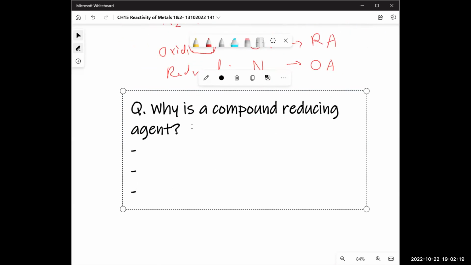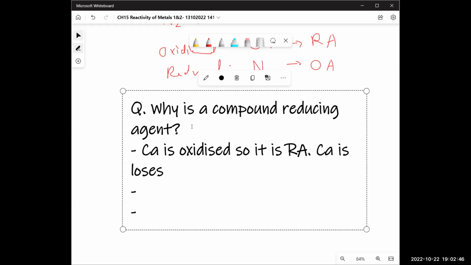Now, what's the first point? The first point is calcium loses electrons. Before we write that, sorry, actually, calcium is oxidized, so it is the reducing agent. Sir, can we say calcium is oxidized by losing electrons, so it's the reducing agent?